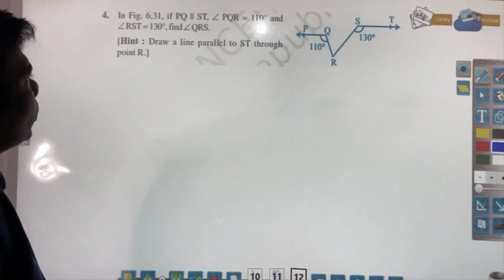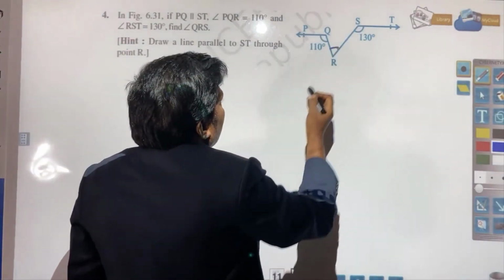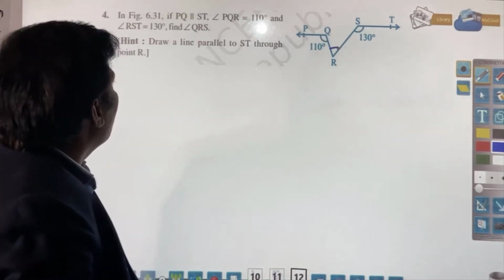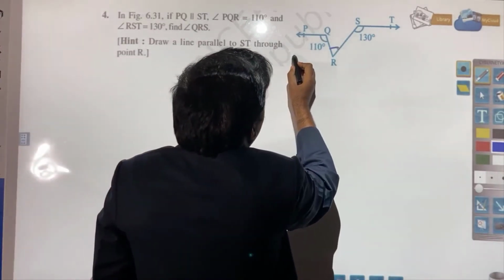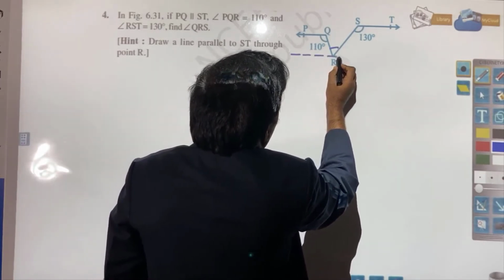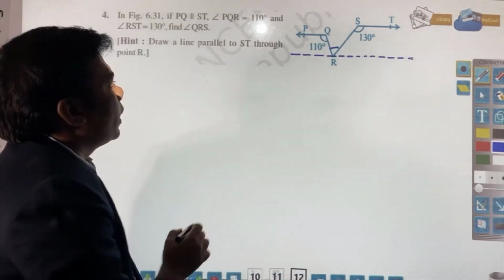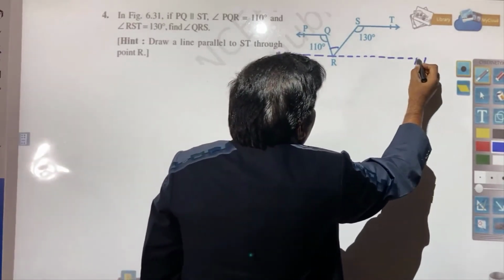You need to find out QRS, this angle you have to find out. How will you find out? Here you see, draw a line parallel to ST through point R. This has been given. Just you draw a line over here, this line. Suppose MN, a parallel line you have drawn.